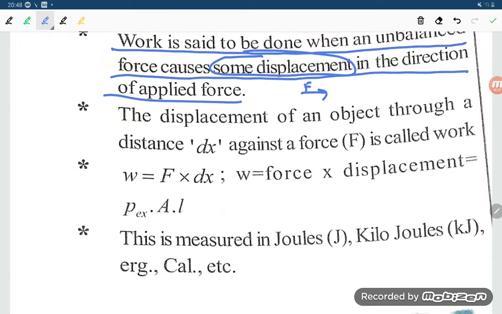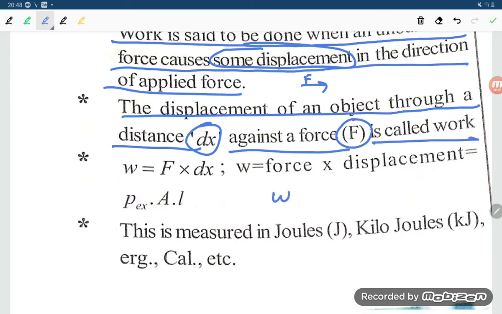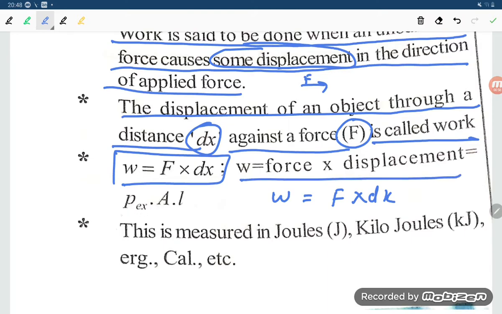Now you see, student, the displacement of an object through a distance dx against the force F is called the work. So work is equal to F into dx, where F is force and dx is displacement.